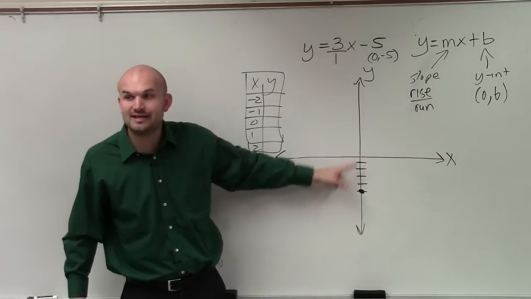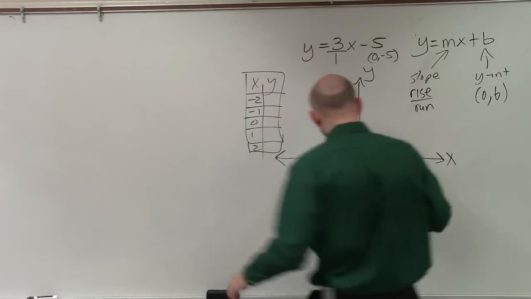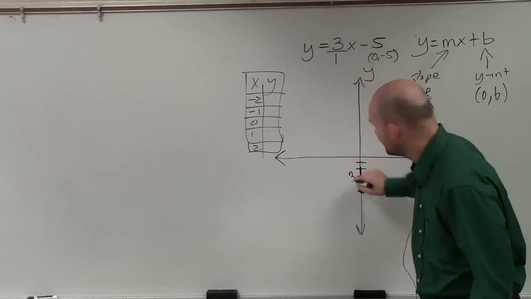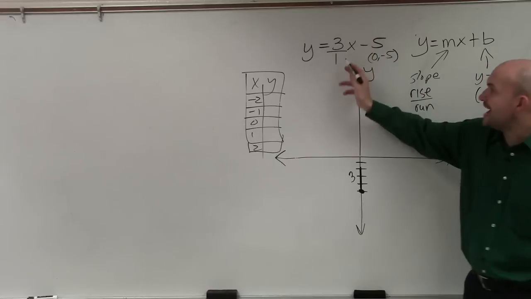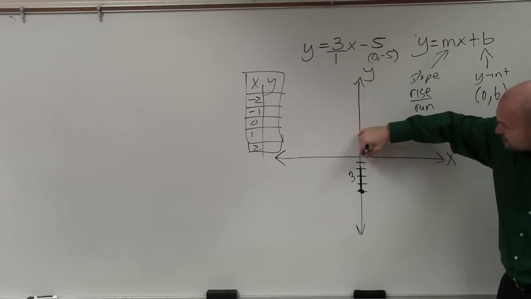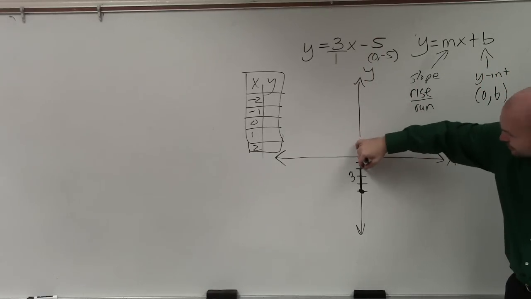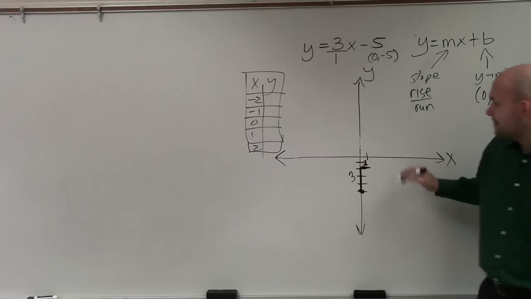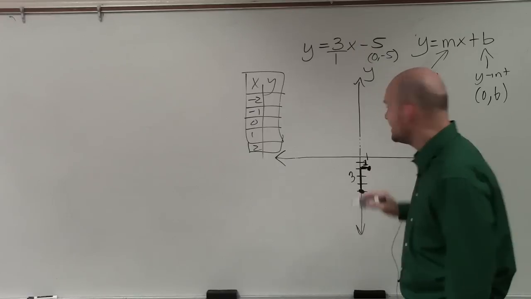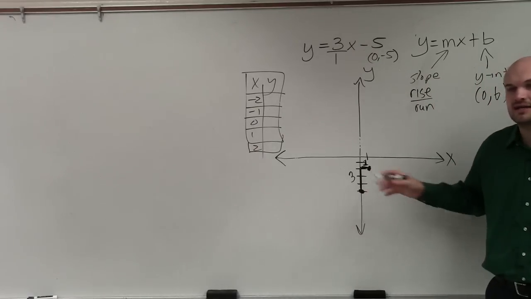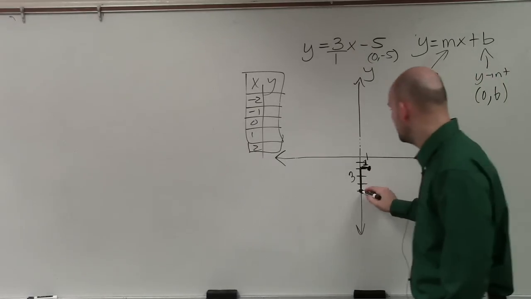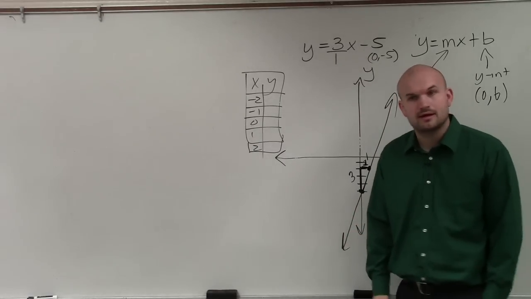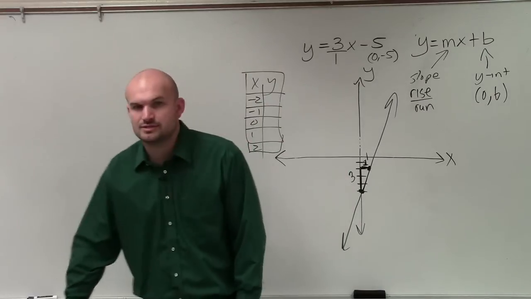That means between any 2 points, I have a positive change, which is 3. So I go up 3 units on the y-axis. The change in the x values is +1. So on the x-axis, I'm going to go over 1. OK? That is going to produce my next point. Now I can connect those 2 points and create my graph. Anybody have any questions?